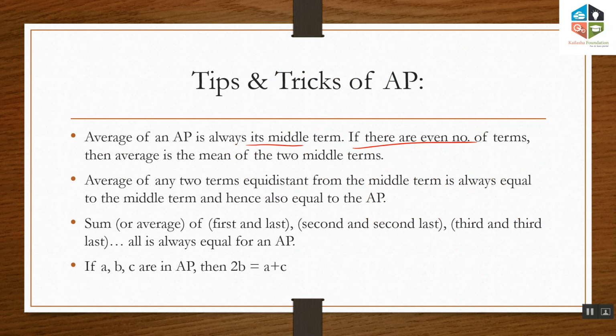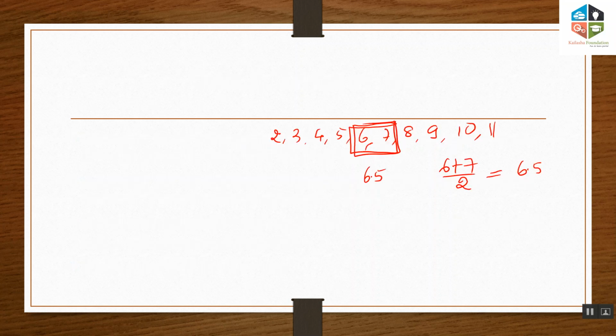Okay. So the average of an AP is always its middle term, and if there are an even number of terms, that means there are two middle terms, then the average is the mean of the two middle terms. The average of any two numbers equidistant from the middle term is always equal to the middle term, and hence also equal to the average of the AP. Let us take another AP: 3, 5, 7, 9, 11, 13, 15, 17, 19.